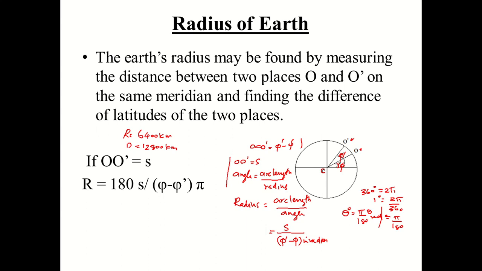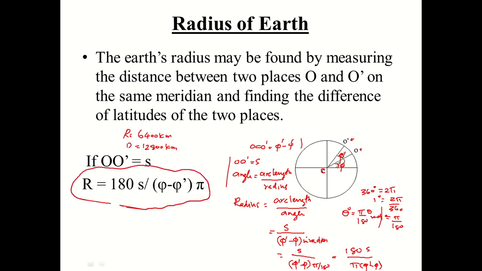To convert phi prime minus phi into radians, we have to multiply it by pi by 180, so it will be S divided by (phi prime minus phi) into pi by 180. So this 180 goes upside, so it will be 180 into S divided by pi into (phi prime minus phi). So the radius of the earth can be determined by using this expression.